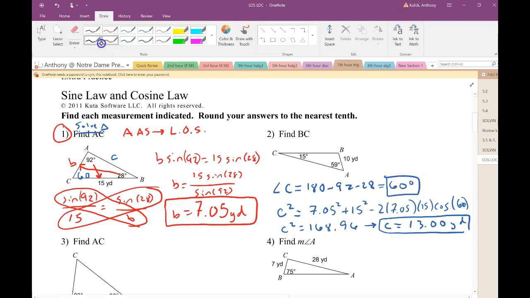So that's how I could finish that off if I asked you to solve the entire triangle rather than just for that specific piece. Is everybody okay with that? So again, all it means is we just have to repeat that previous step, using either law of sines or cosines.